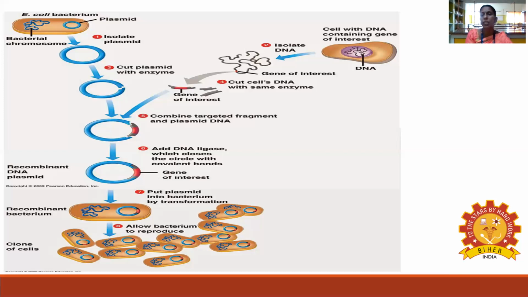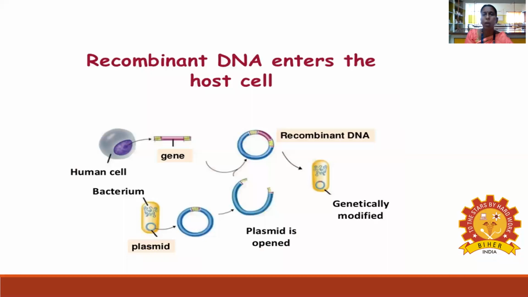By the transformation method, you can directly insert the recombinant DNA into the bacteria. The recombinant bacterium undergoes multiplication, and you get multiple copies of the recombinant DNA.